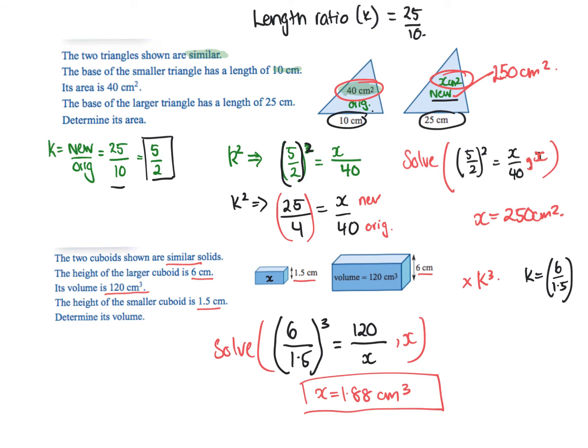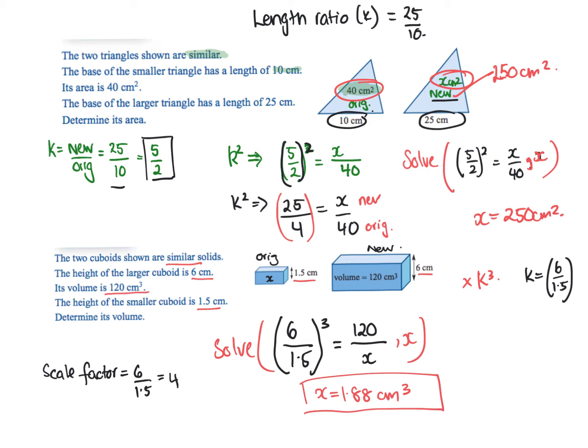Now, just to go over, if you were asked this actual scale factor, say that's the original and that's the new, be careful. When you're asked for the scale factor, you do need to simplify your fraction. So you would say 6 over 1.5. Just type that into your calculator. So it's a scale factor of 4.